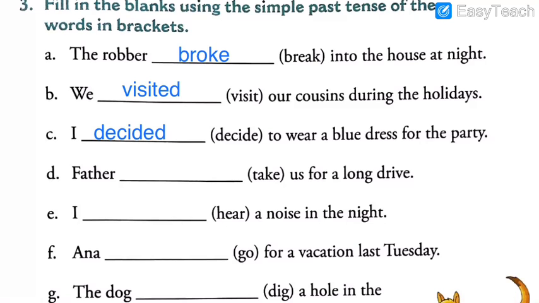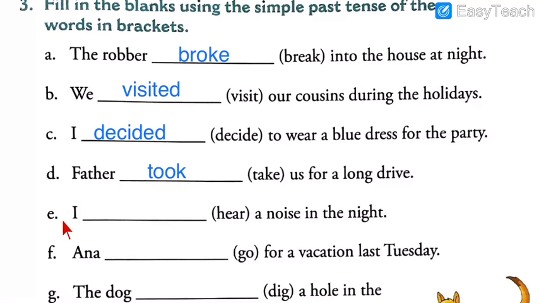I hope that you are at least thinking and trying to write the answers on your own. The correct past form is took. Father took us for a long drive. Did your father take you on a long drive? I hope he takes you on a long drive now, as you are always at home, not going anywhere out.